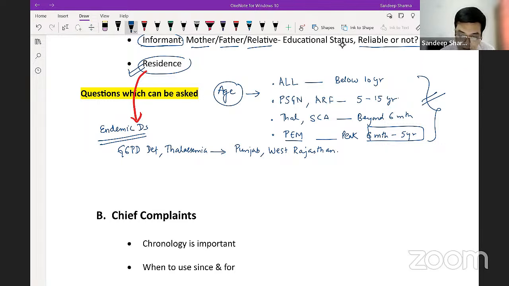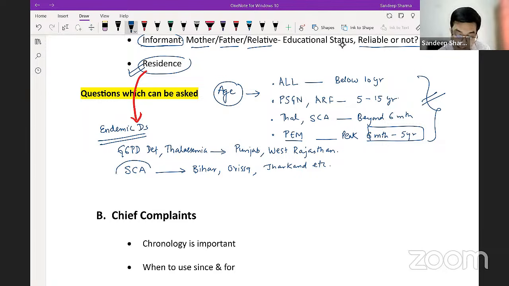At the same time, sickle cell anemia is endemic. It is more prevalent in places like Bihar, Odisha, Jharkhand, sometimes Madhya Pradesh, some parts of West Bengal. So the central and eastern part of the country, not the northeast, sickle cell anemia is more prevalent.